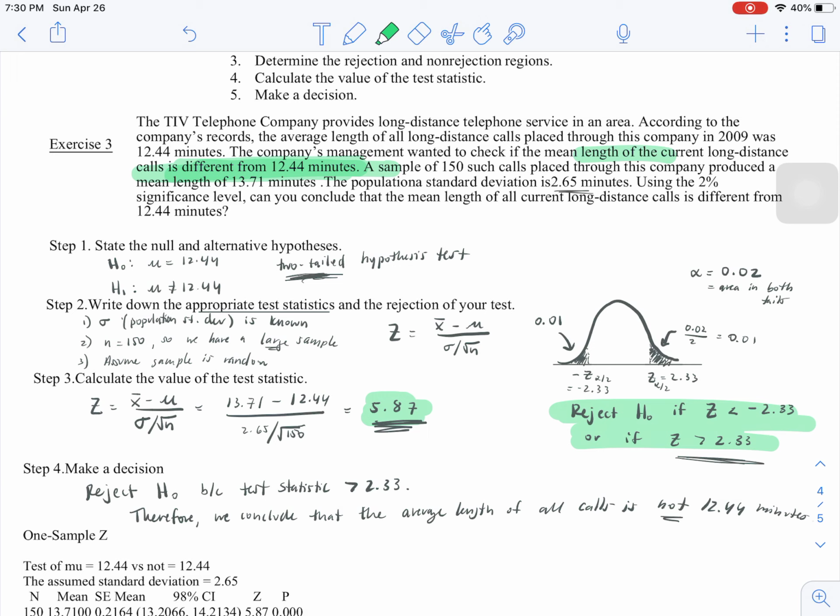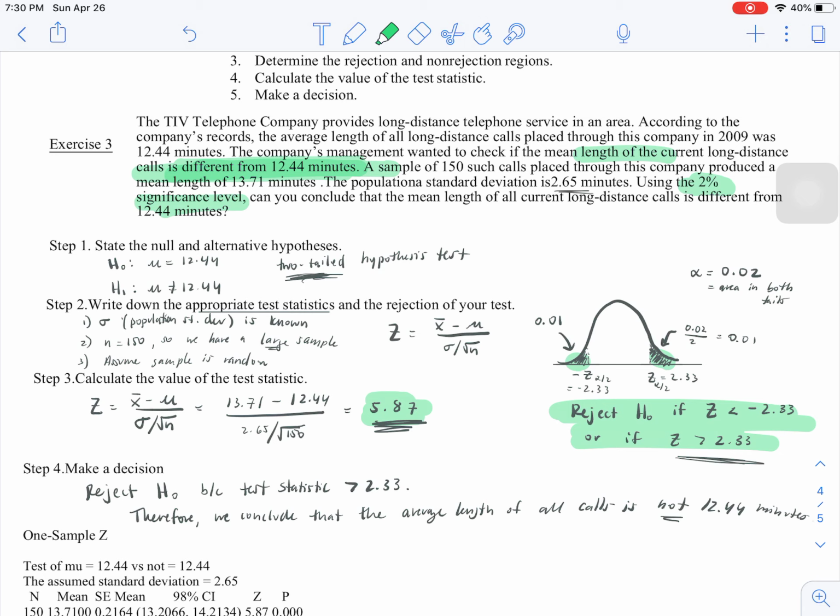And then, since we have a two-tailed hypothesis test based on our alternative hypothesis, we know that we have two rejection regions, one in the right tail and one in the left tail. Our significance level, alpha, was 2%. So I know that the area in each tail is half of 2%.